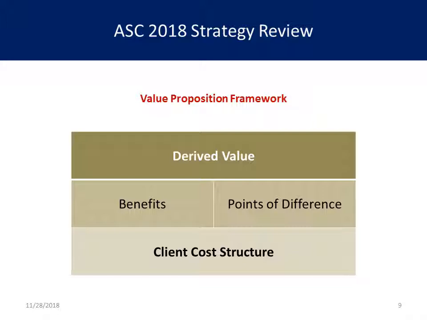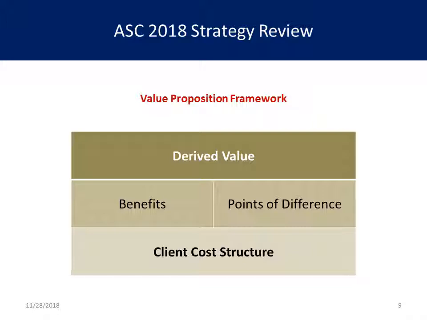Consumers and other business people make decisions, they choose things if they have a reason why to choose them. And I think that benefits and points of difference roll up to a derived value or differential value. That is a very high level, quick takeaway that someone uses in a decision process.